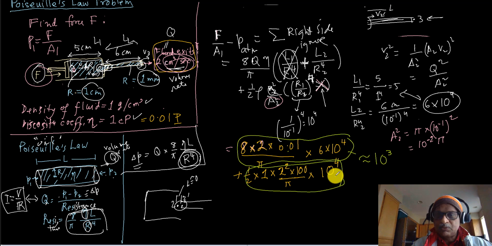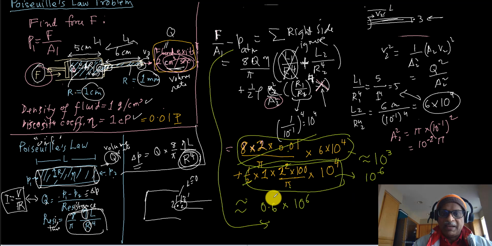This will turn out to be 4. So this all cancels, maybe 1. So this is 10 to the power 6. After we're done, we can just ignore this, and this is roughly the answer. And this is 1/3. 2/3 will be 0.6 times 10 to the power 6.